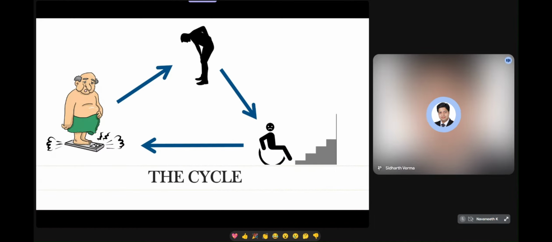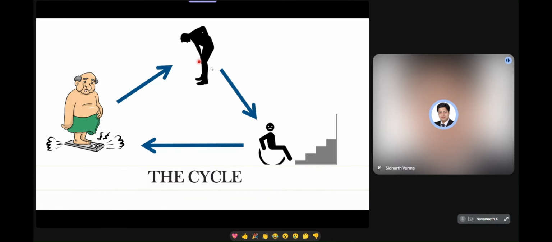Okay, and with the help of these procedures which I am going to tell you now, we are going to break this cycle. Just doing exercise, and once pain has started, just taking some oils and balms and exercise, medication, it's not enough. So you need to do all these procedures. A person is having pain in the knee or in the back, and then they cannot do certain activities, like they cannot climb the stairs, and then they keep on getting fat.